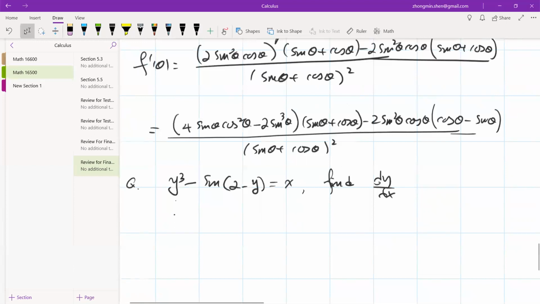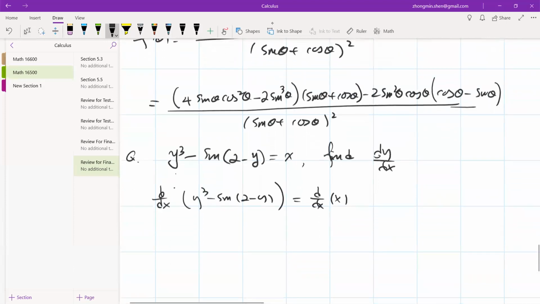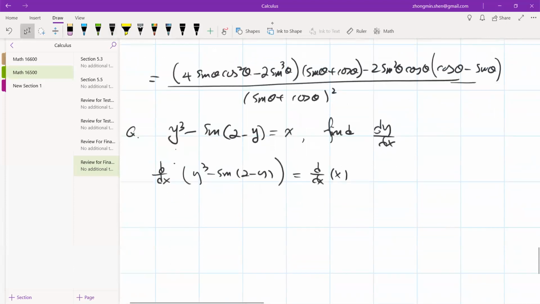All right, so you just differentiate both sides with respect to x, but view y as a function of x. So what is the correct notation? That should be the notation. Don't put a dy over dx. Otherwise, this is wrong. So d over dx is acting on both sides, right?